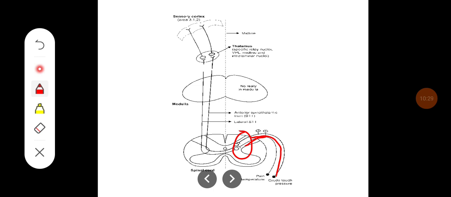They cross at the segmental levels, and then they ascend in the opposite spinal cord as the spinal lemniscus, and they reach the thalamus, and from there the third order neurons go to the specific part of the sensory cortex.